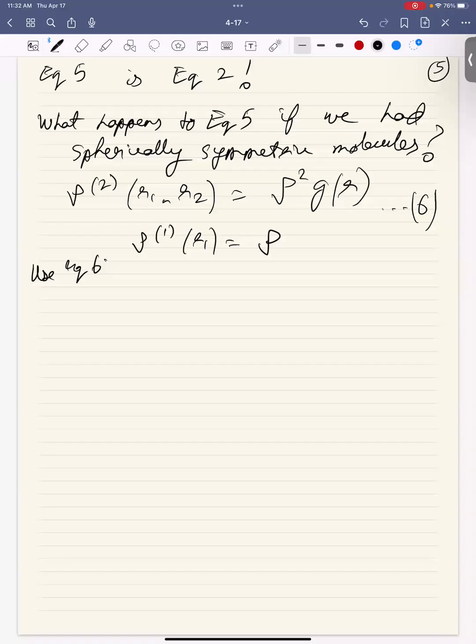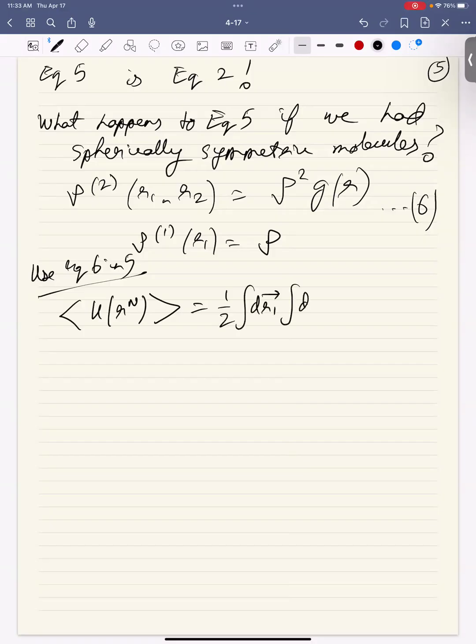Use equation 6 in 5, which is the same as 2. What do we get? We get U of Rn, the average value of the n-body interaction, which we just wrote as half dr1. And to be careful, I will write down a vector now because soon we have to get rid of the spherically symmetric type things. dr1, small u of r12, rho 2 of r1 comma r2.